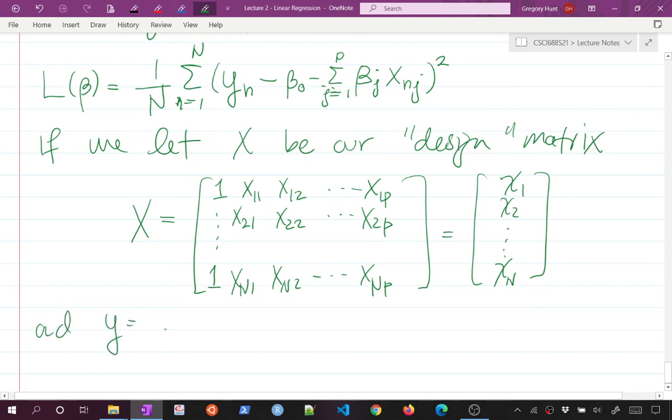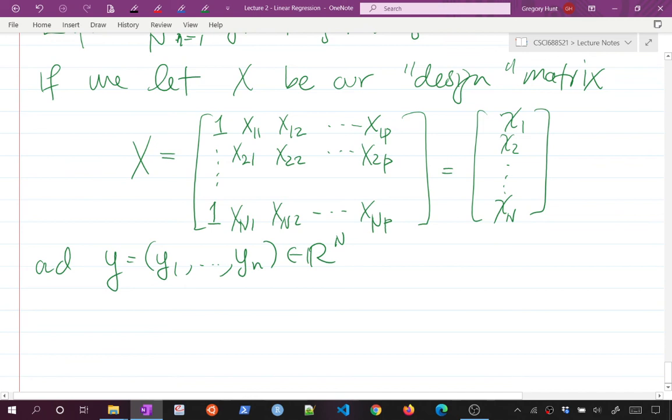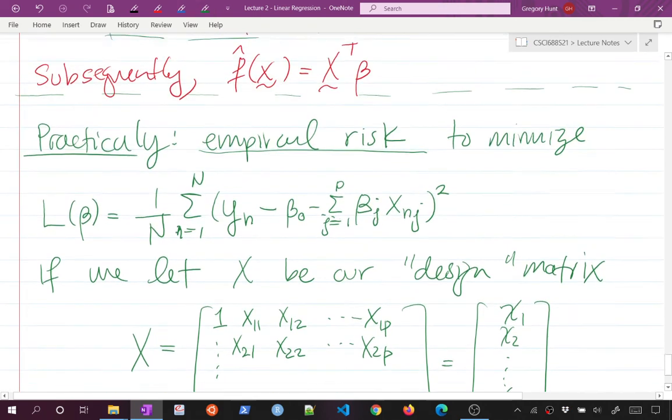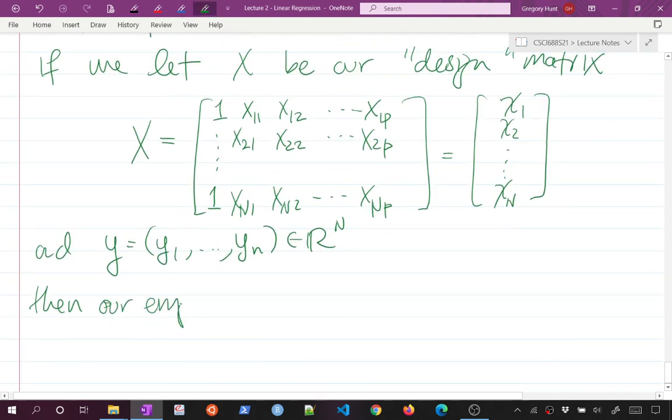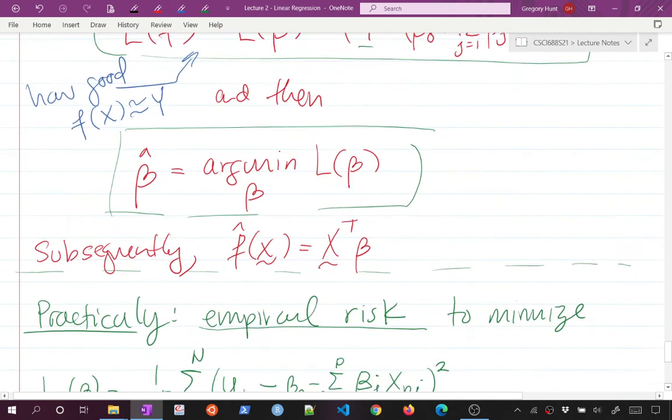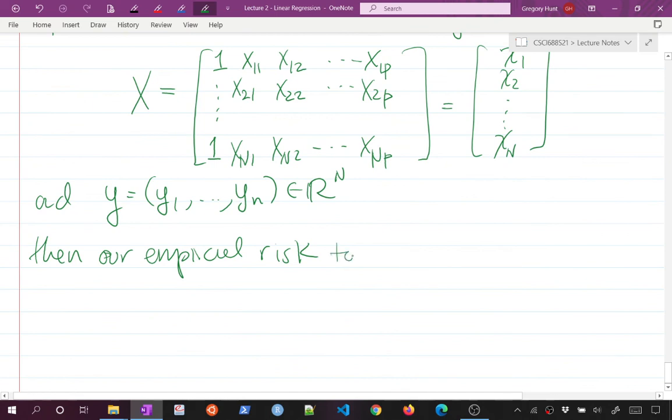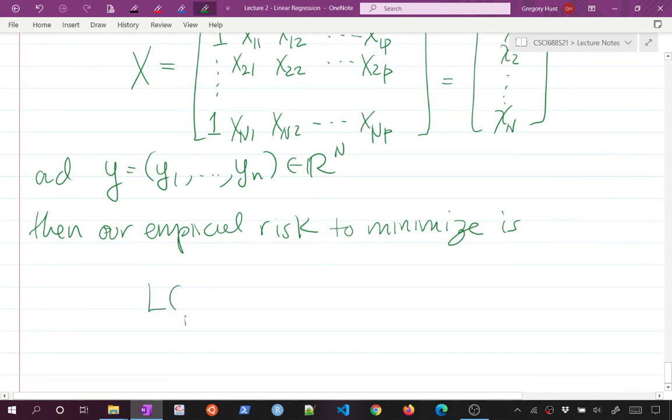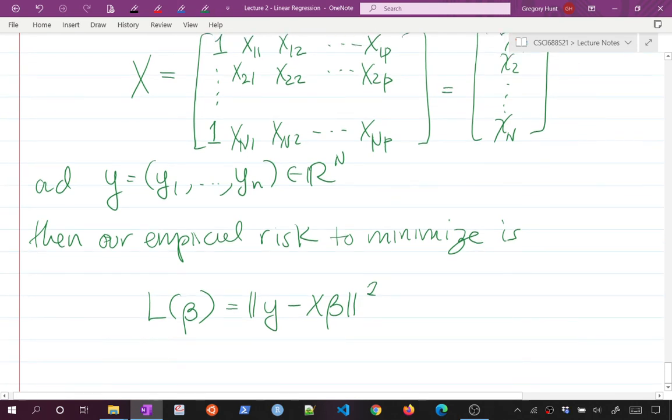And if we let y here, little y, be the vector of observed y's, our vector of the thing we want to predict, then our empirical risk to minimize, this loss L of beta, we can write as the norm of y minus X beta squared, or at least it's proportional to this.